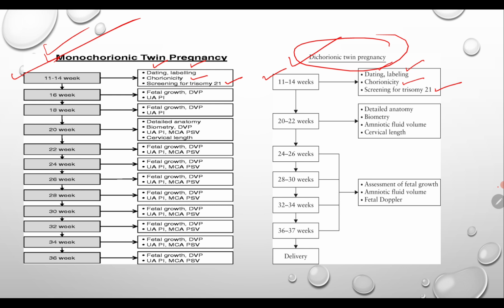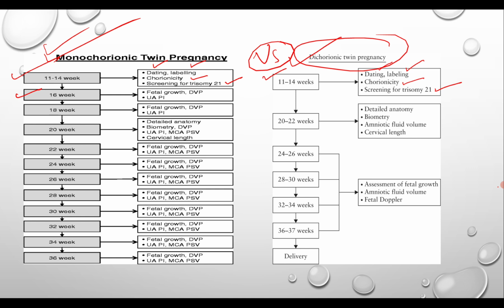Now, starting after this scan, the differences begin between monochorionic and dichorionic twin pregnancy. The major difference in monitoring in monochorionic pregnancy is that from 16 weeks you start the second ultrasound.